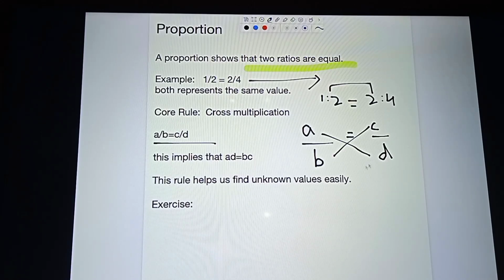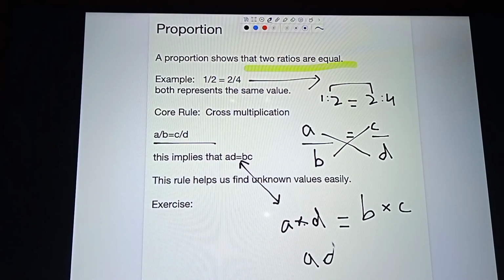That is, A multiplied with D is equal to B multiplied with C, like this: AD is equal to BC.